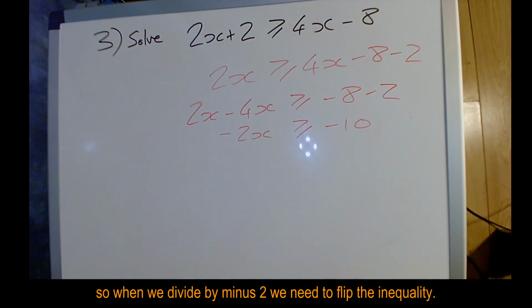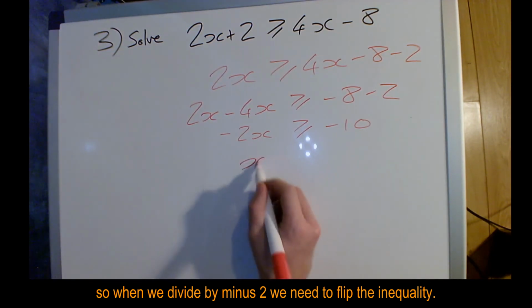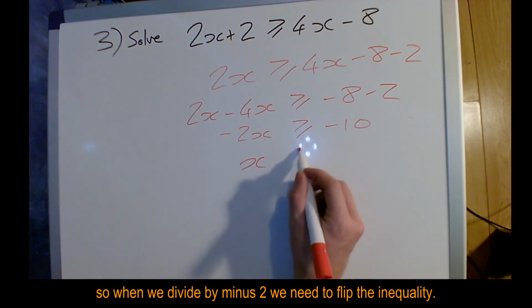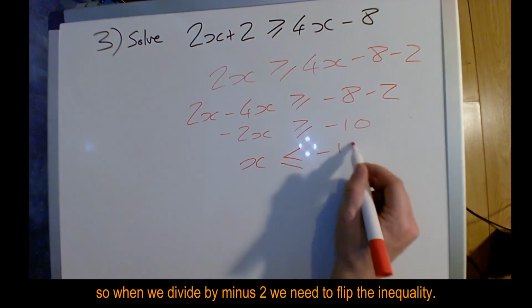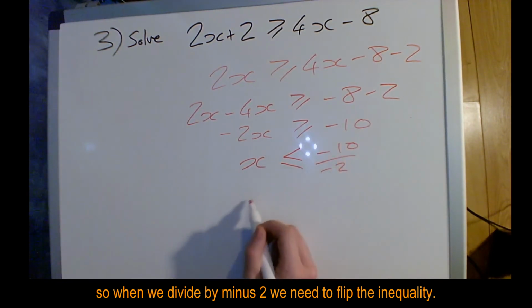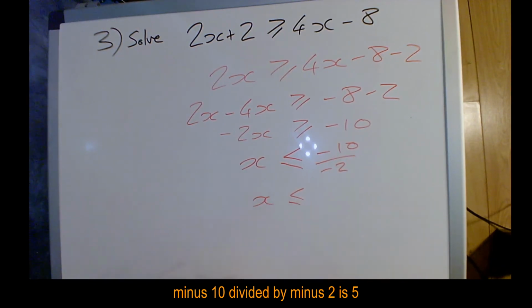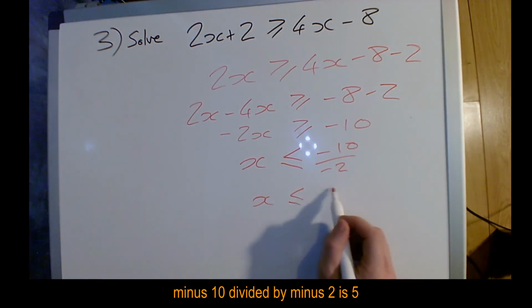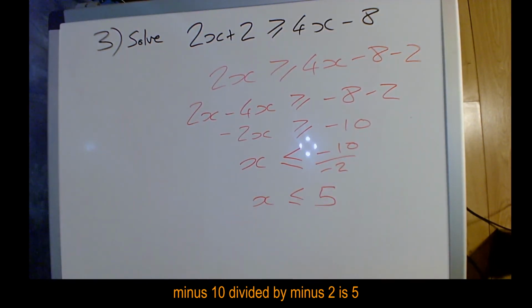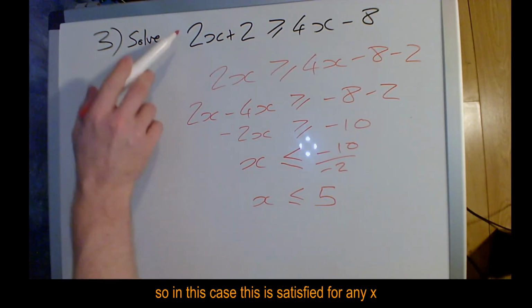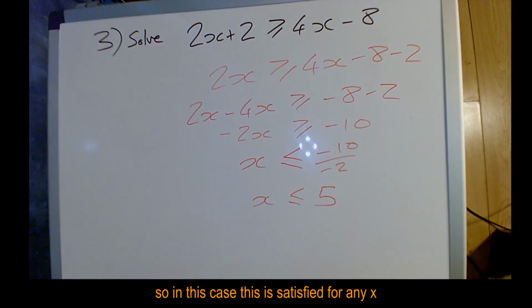So when we divide by minus 2, we need to flip the inequality. Minus 10 divided by minus 2 is 5. So in this case, this inequality is satisfied for any x which is less than or equal to 5.